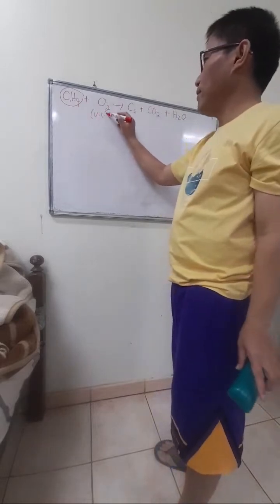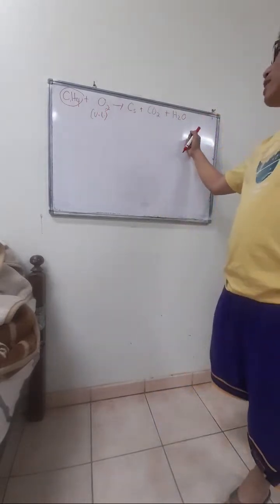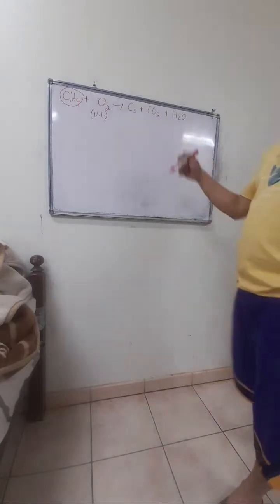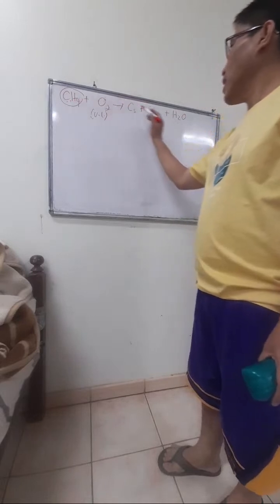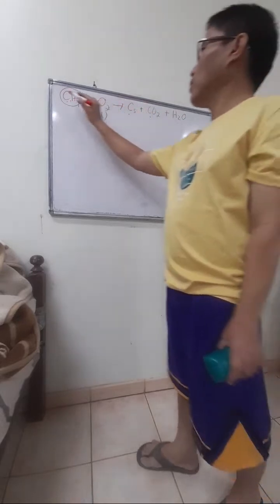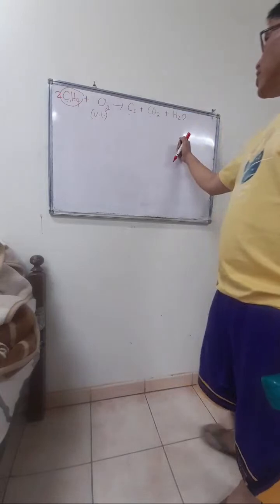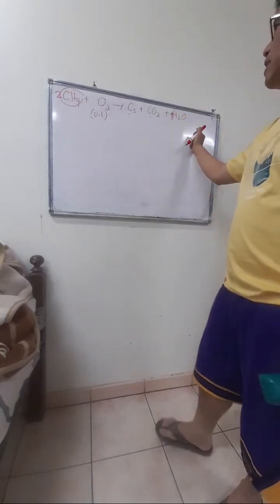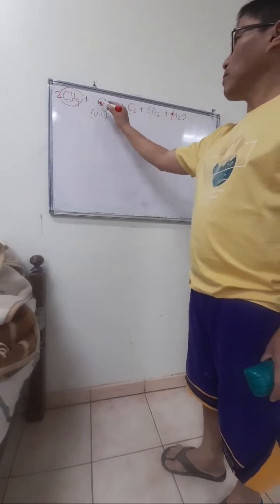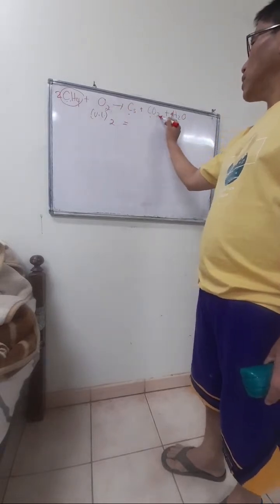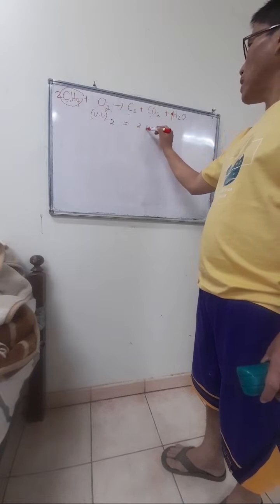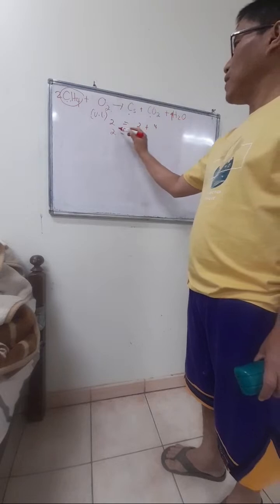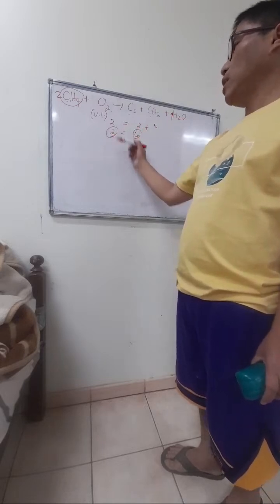Very limited, VL, so balance the chemical reaction. Carbon, 2, then we have to put 2 here. Hydrogen 8, so we have to put 4 here. Oxygen: we have 2 here; 2 times 1, 2 equals 2 times 1, 2 plus 4. Then 2 is equal to 6, a deficit of 4, right?